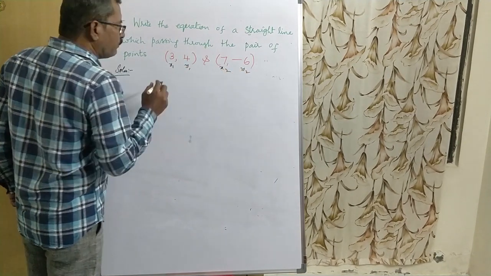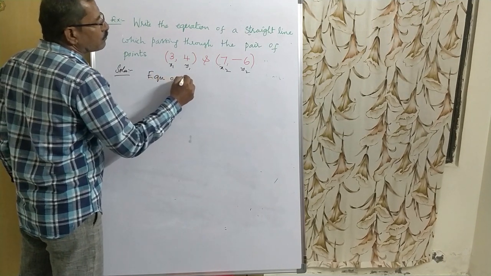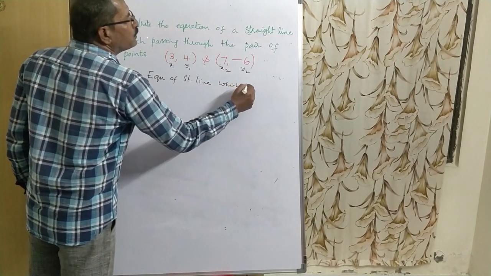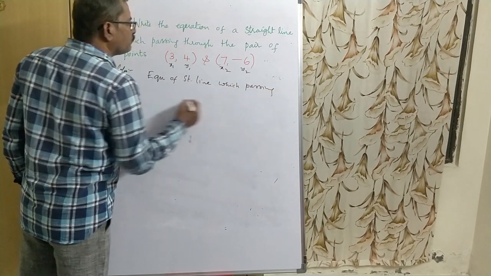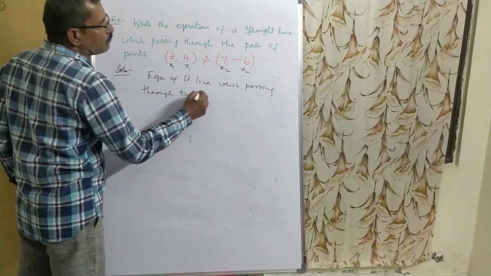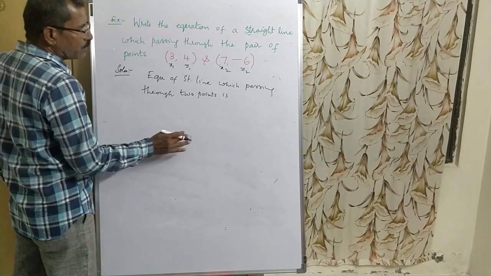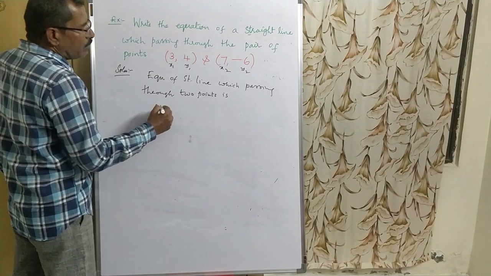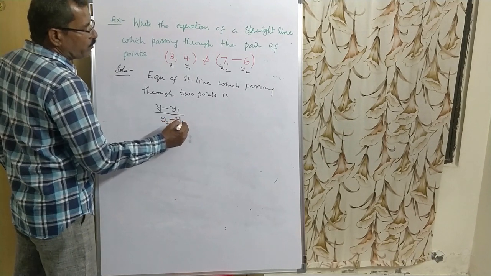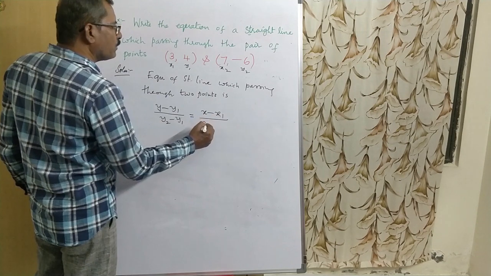The equation of straight line which passes through 2 points is y minus y1 by y2 minus y1 is equal to x minus x1 by x2 minus x1.